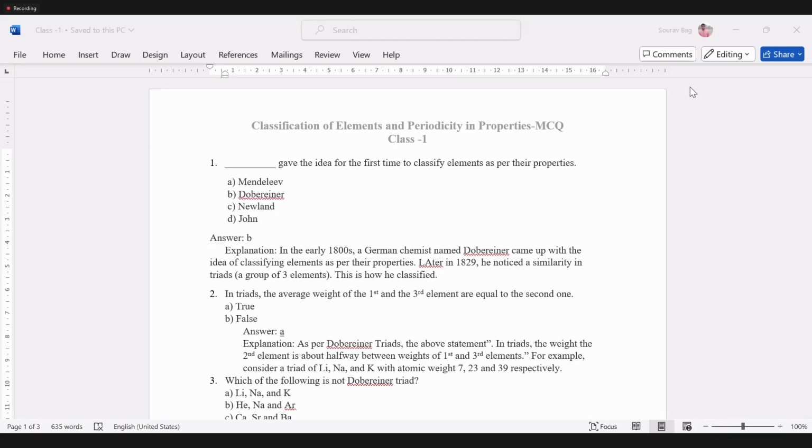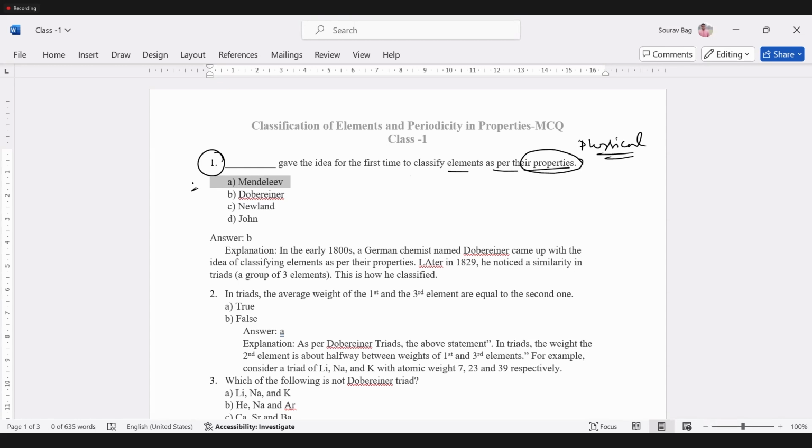Okay. So here you can see this one MCQ question: who gave the idea for the first time to classify the elements as per their properties? This properties actually means the physical properties. Who has given this?